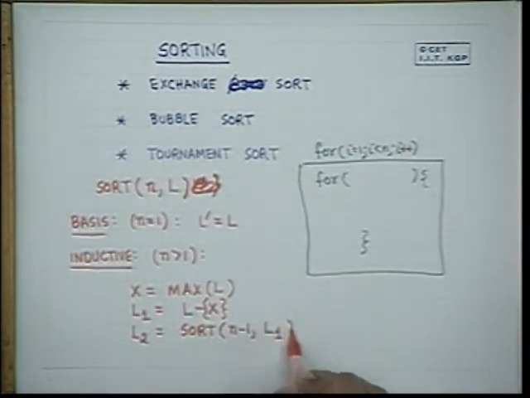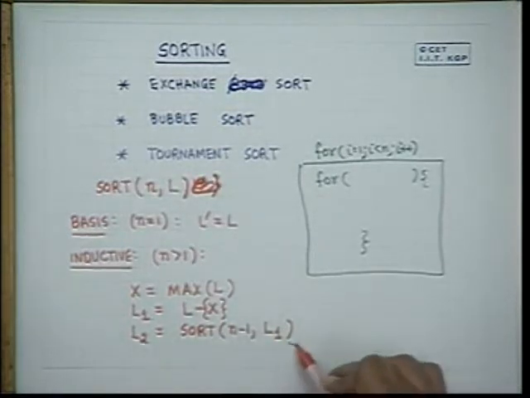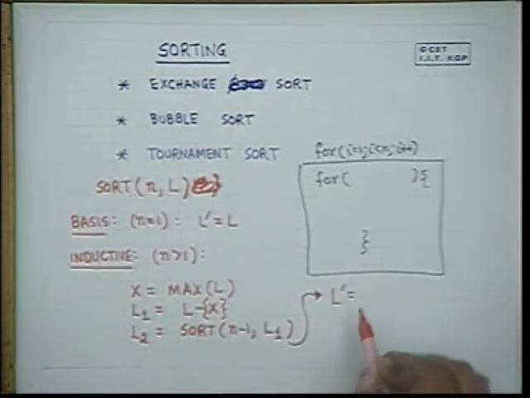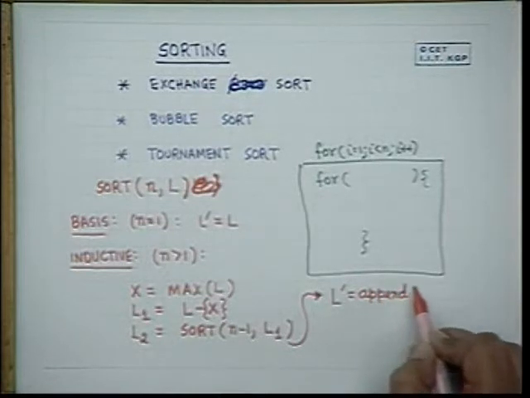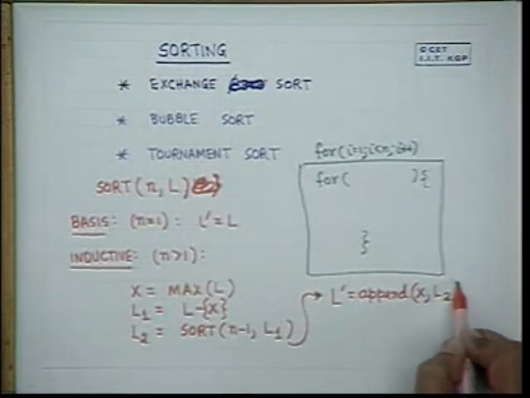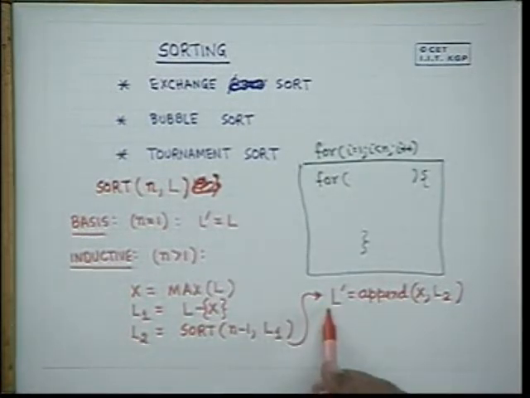L1. And what do you form L dashed finally after this? L dashed is equal to append x in L2. X is put in the front of L2 and you get L dashed, which is your sorted list.